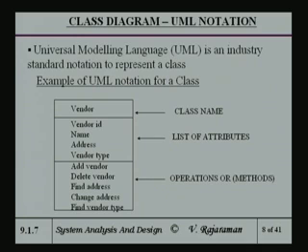Methods essentially mean algorithms encapsulated within that class. So add vendor, delete vendor, find address, change address, find vendor type, all these things which will operate on the attributes which are already stored internally.